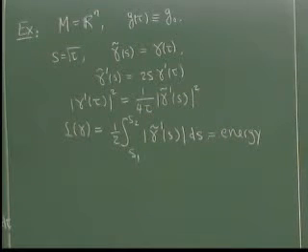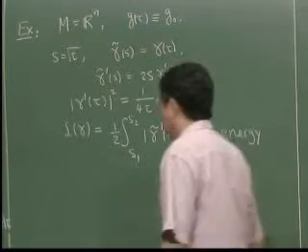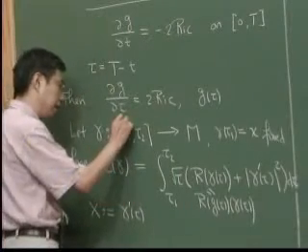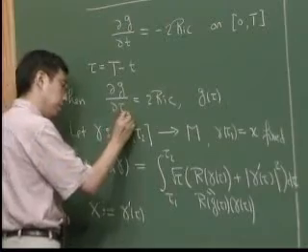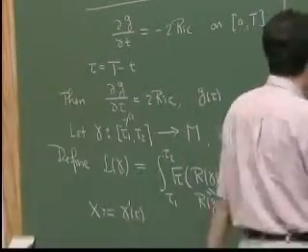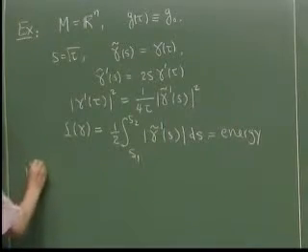To do that, maybe we first make some remarks. Here, because I take a square root, I first take tau to be bigger than 0. Then you can compute the first variation.